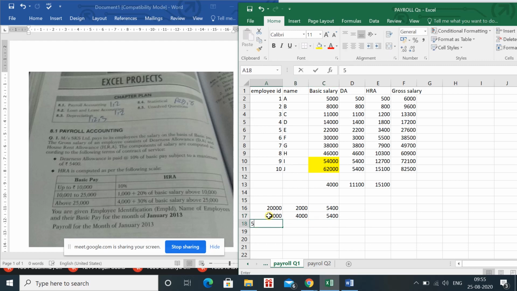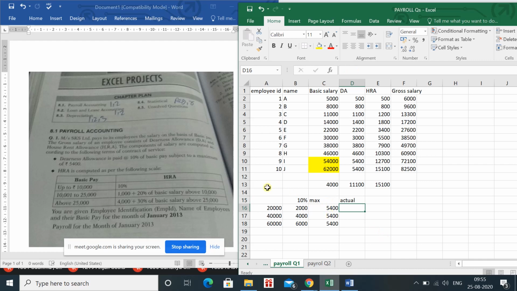But once your salary crosses 54,000, in that case, if you compare these two, you will see that this is the 10% of the basic salary, this is the maximum amount which we can pay, and this is the actual value which we are paying.